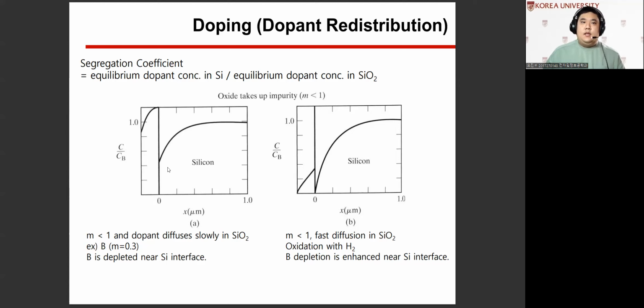In this graph, the dopant tends to stay in the oxide rather than the silicon. So some dopants in the silicon move into the oxide, and some dopants on the surface move out of the oxide.